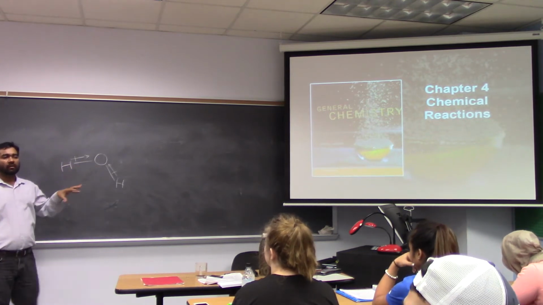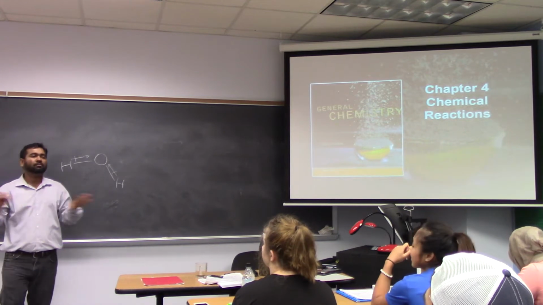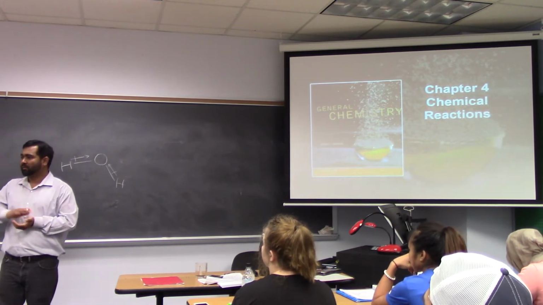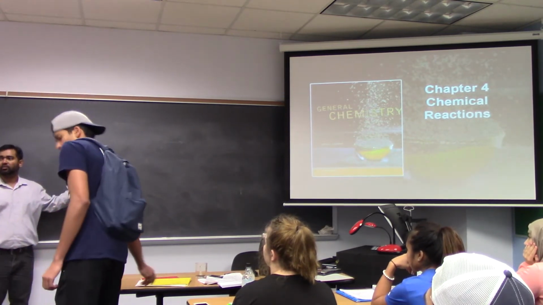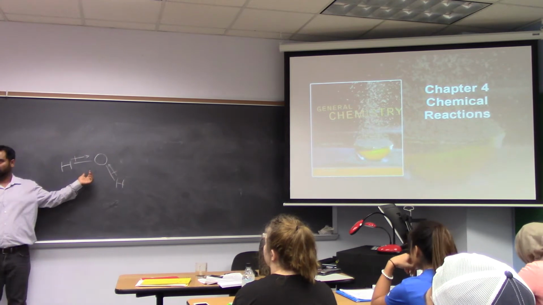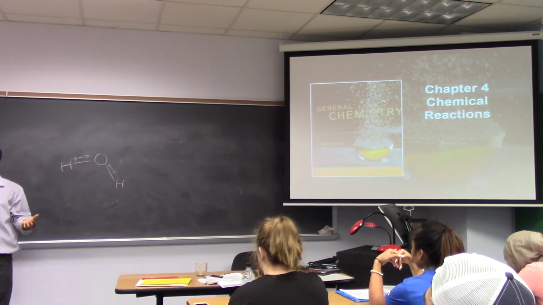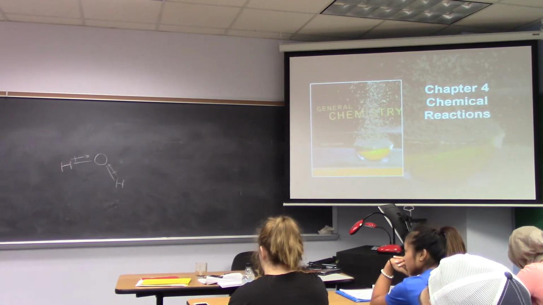So if any compound is polar, like water, it could be an ionic compound, it could be a covalent compound. If it is polar, it will dissolve in water, being polar. Any polar compound can be dissolved into another polar compound, like water.